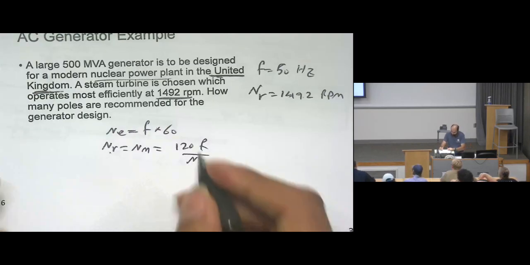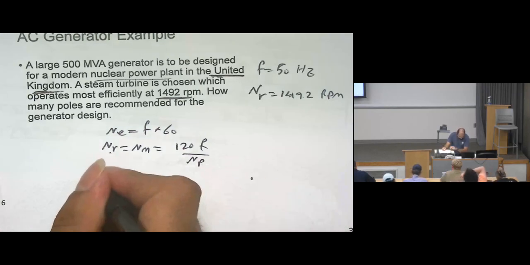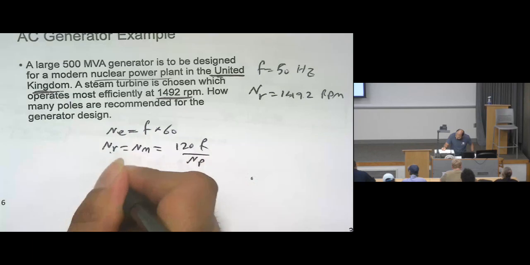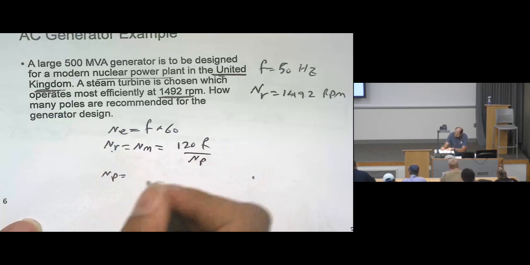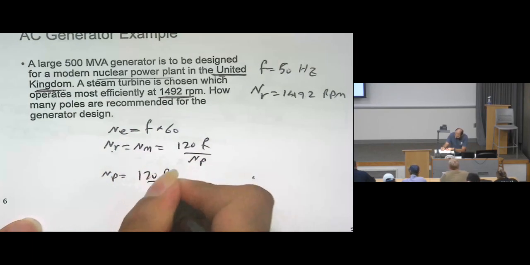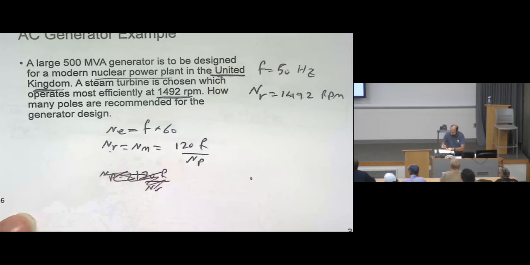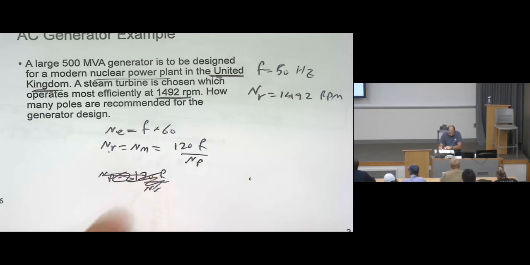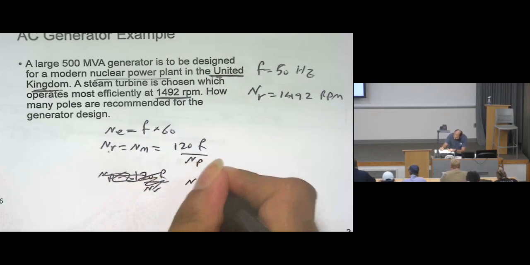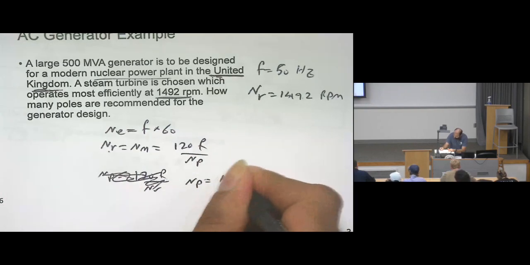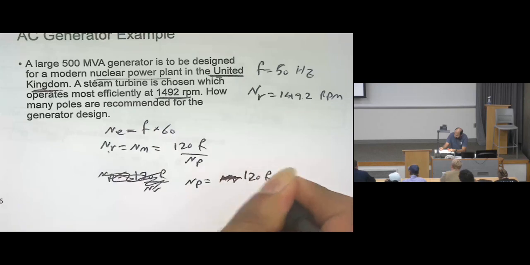Yes. So we need to find the number of poles, which equals 120 F over NR. Or I think the opposite. The opposite, right? Is that right? Yes. Yes, I'm sorry. NP equals 120 F over NR.